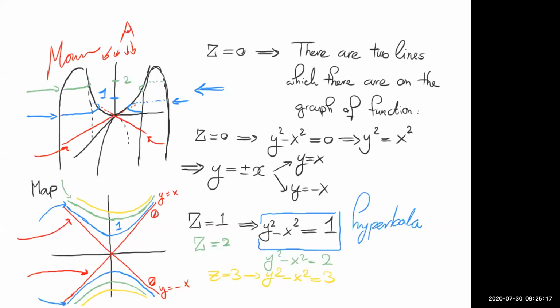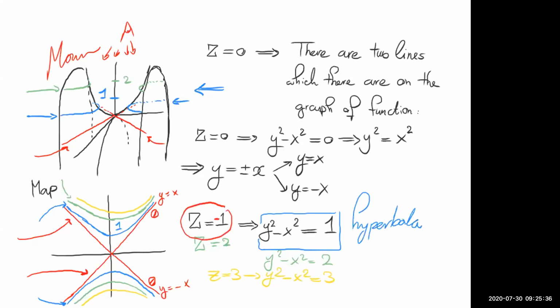Now we can look at the points on this mountain where they are below sea level, right? So what happens? For example, z should be minus 1 rather than 1. So I change the value of z to minus 1.